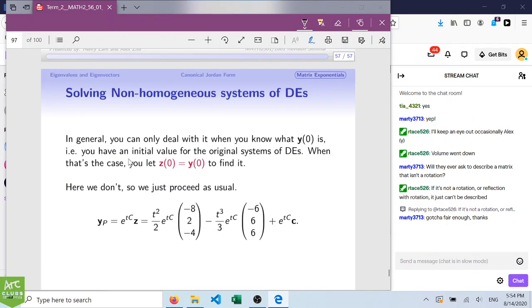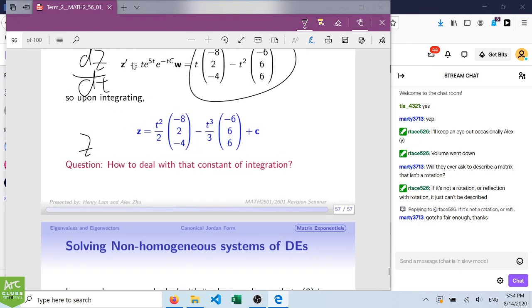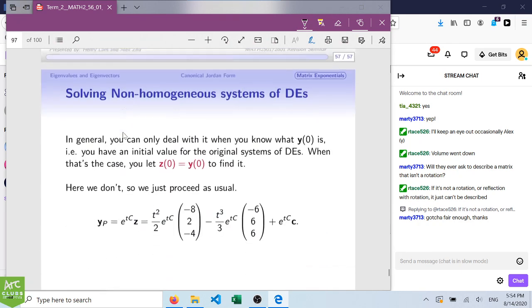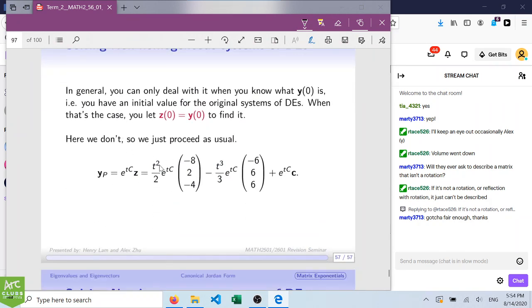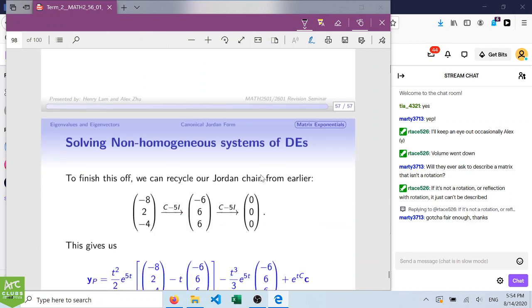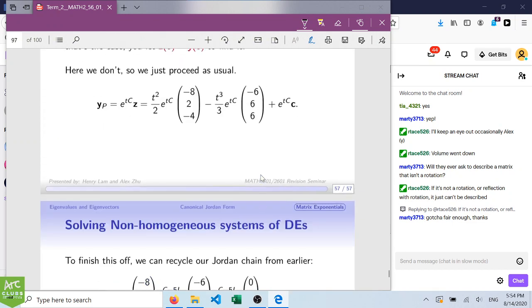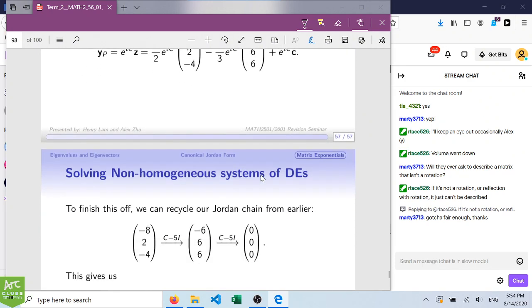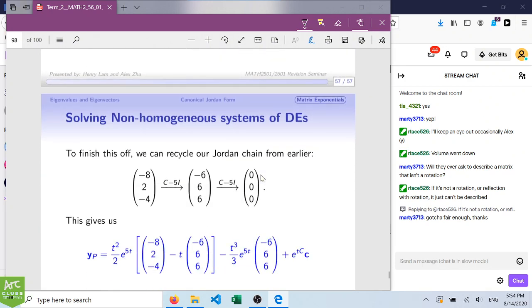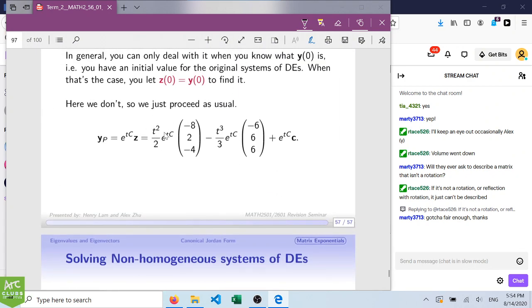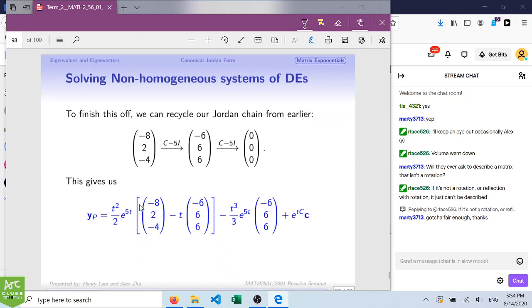To do that, we look at e to the tc times this, which is what we do over here: e to the tc times the first part, e to the tc times the second part, and then e to the tc times the integration constant. Finally, we can recycle our Jordan chains and recompute e to the tc again, and then simplify.